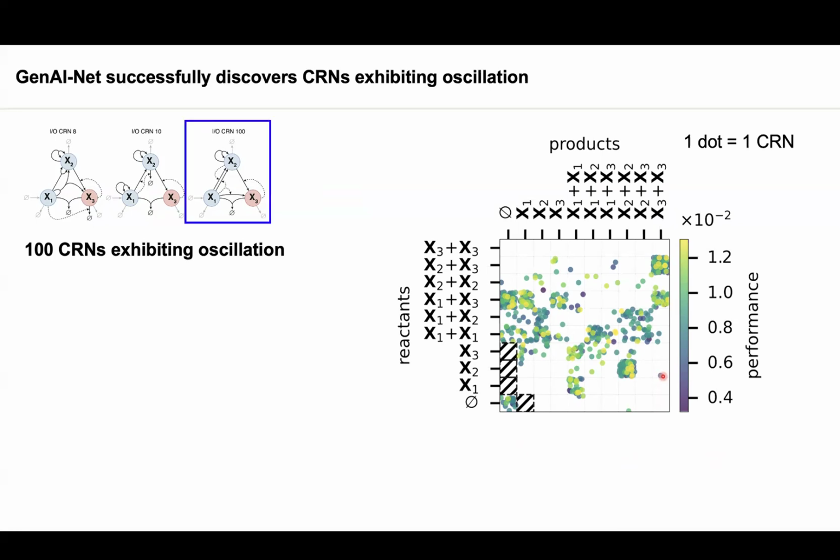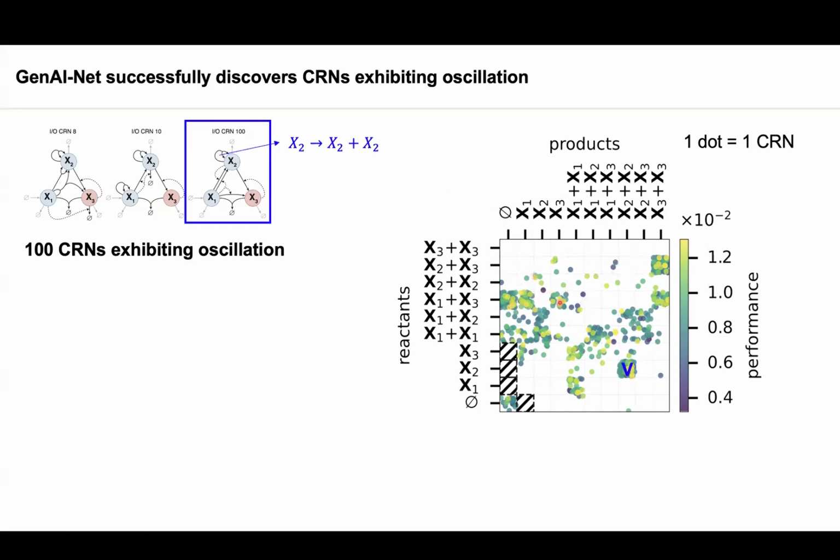For example, if you see this theorem, it has this kind of autocatalytic reaction, so we add a dot here, which represents the reaction from x2 to x2 plus x2. By repeating this for all the reactions in the 100 theorems, we have this map, which has really many dots.